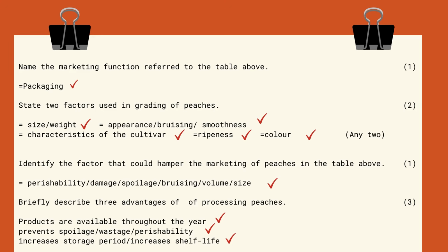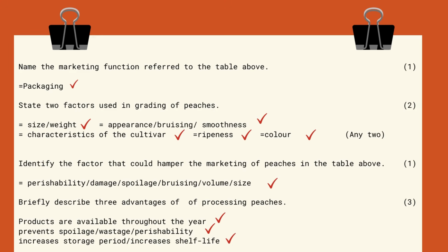One, the size, because these are small peaches, for example. The size could be one of the factors that could hamper the marketing. Also, because most of them are bruised, that could be another factor. And again, the spoilage, because most of them are already ripe.